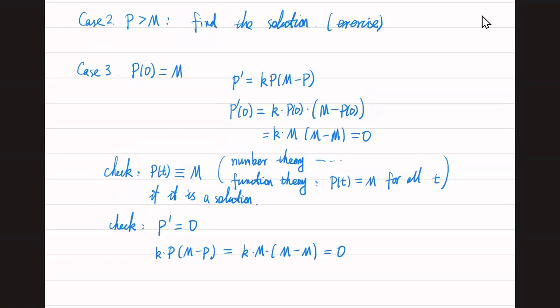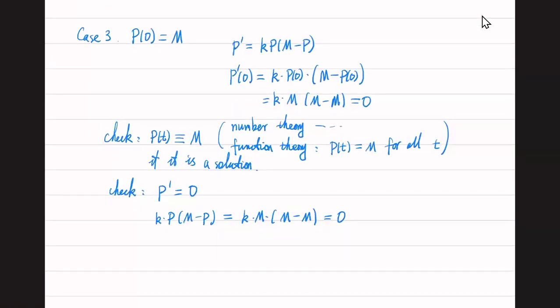So left side, right side, both 0. So this means this is a solution of the differential equation. It's a solution, but it's a constant solution.